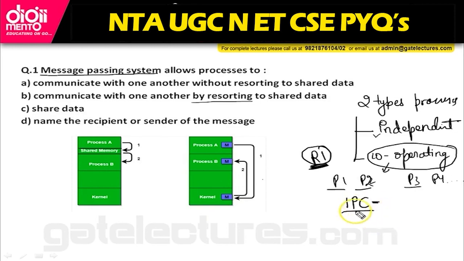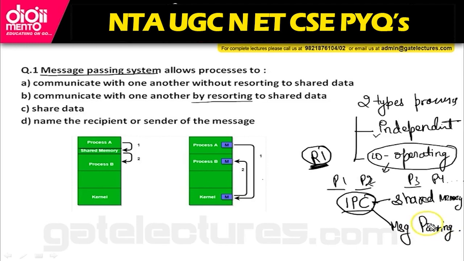For this IPC we have two methods that we use. One is shared memory and the other is message passing. Let me just explain one more time. Suppose I have many processes in my system, and they are running concurrently, meaning they are running in parallel.